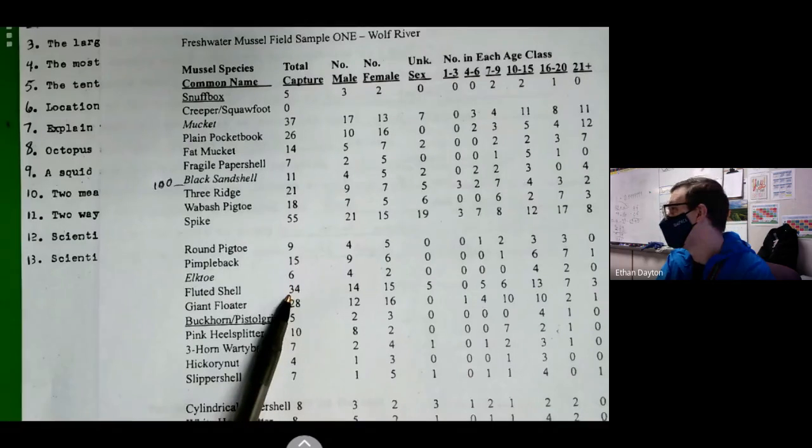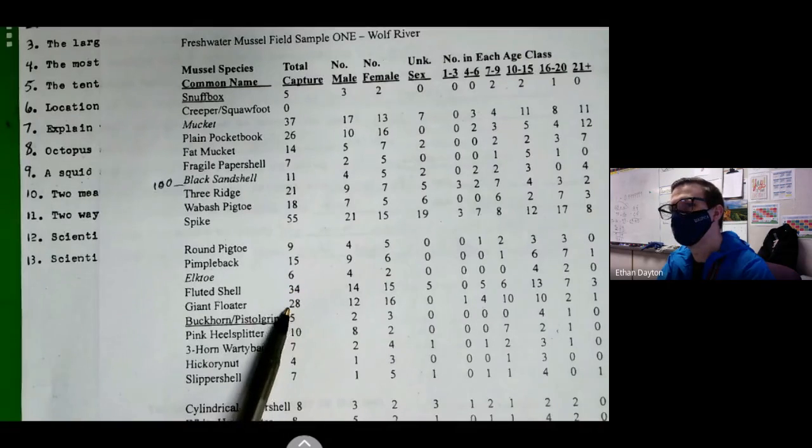Plus 34. 4 plus 4 is 8, right? 24 plus 34 is 58. So we're at 258. Plus 28, excuse me. 58 plus 28, 58 plus 30 would be 88, subtract 2, 86. Right?